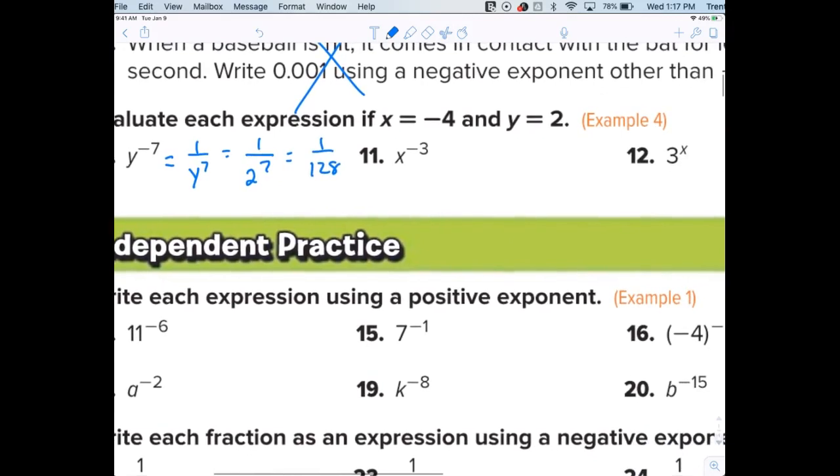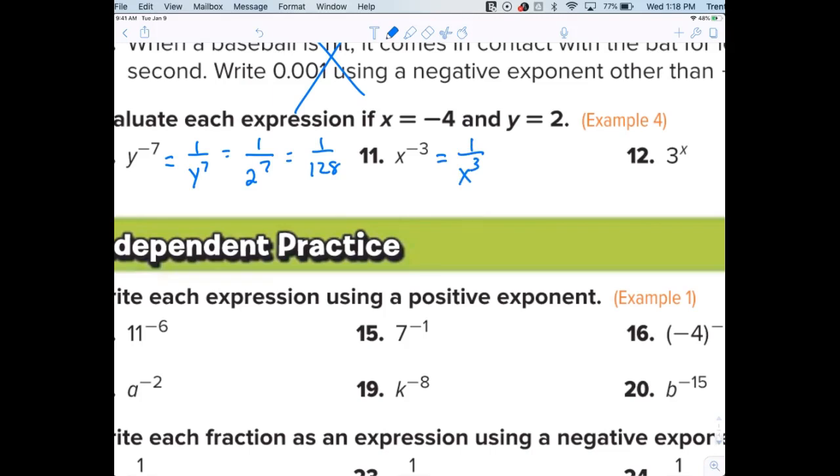Now, here we go. Number 11 brings me to x to the negative 3 power. What does it equal? 1 over x to the 3rd.